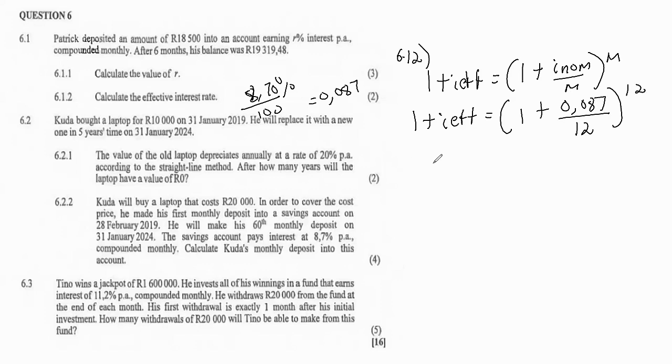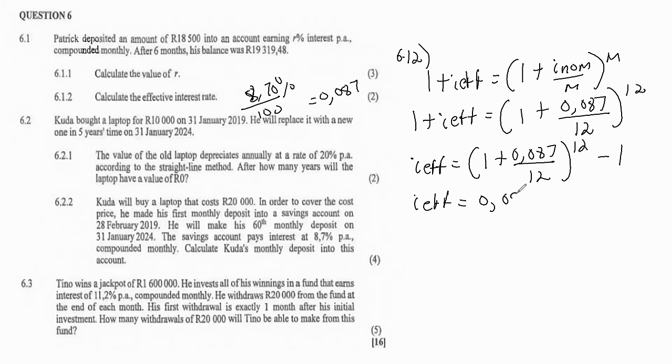Then to calculate our effective interest rate, we can just write all of this first, then transpose the 1, so that we can punch all of that into our calculator. This will give us 0.09055 and a whole lot of decimals, which we then need to multiply by 100.